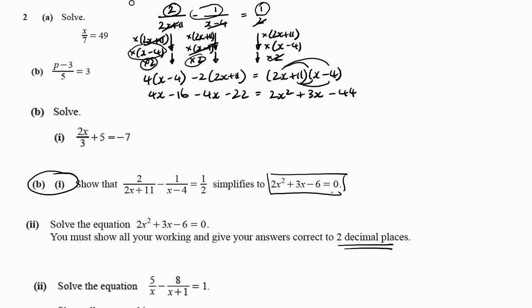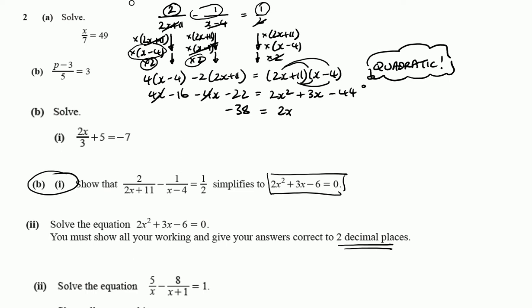At this stage we should be thinking this thing is quadratic. And if I want to solve a quadratic equation, I need to organize it with the x squared term, then the x term, then the number term on one side, and 0 on the other side. So I'm going to tidy up a bit more, but I now have this idea in mind as I do so. On the left-hand side, 4x minus 4x cancels out, and minus 16 minus 22 is minus 38.